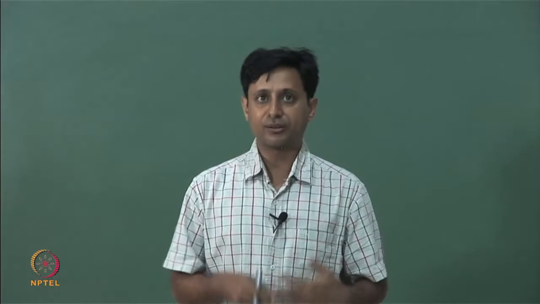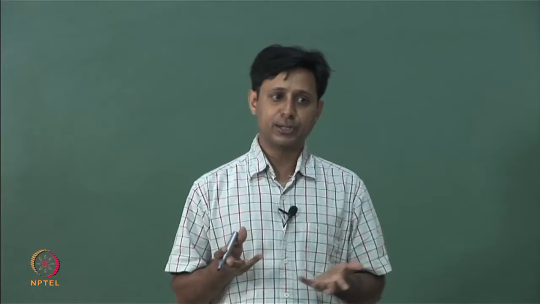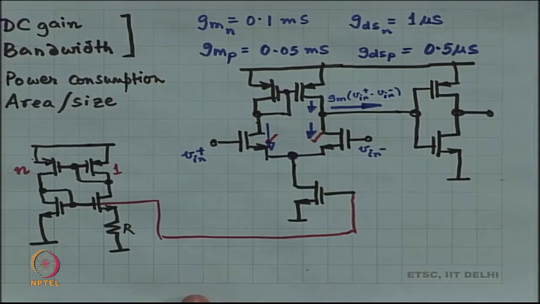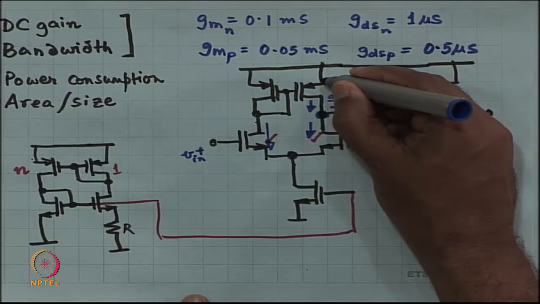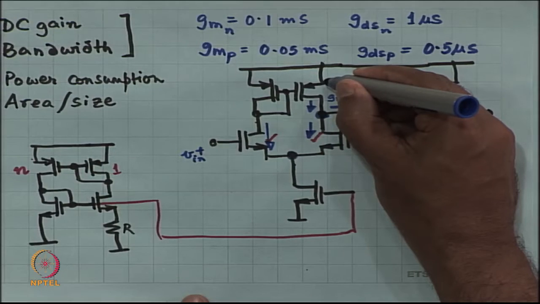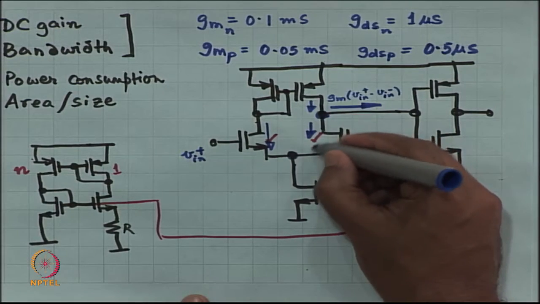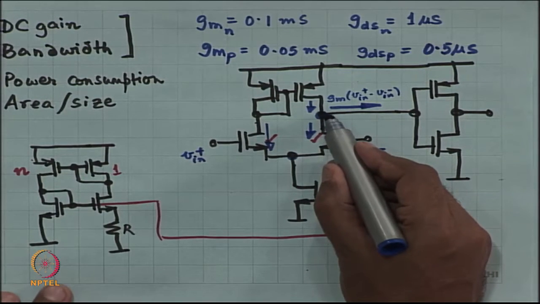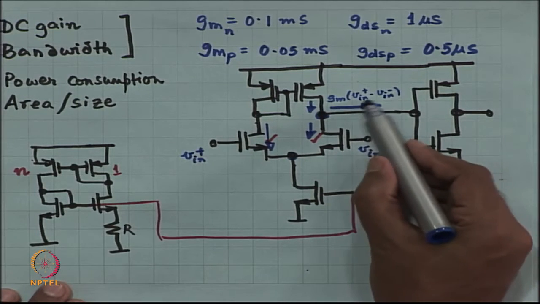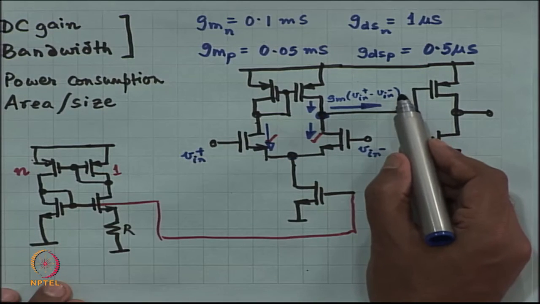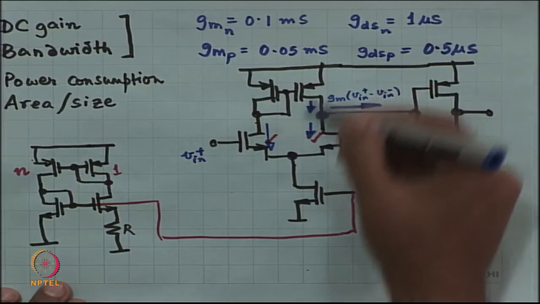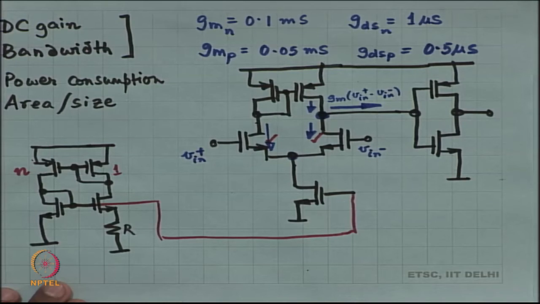How is the current going to get converted into voltage? It is going to get converted into voltage with the help of the output impedance at that particular node. So, at this node, the output impedance is the impedance of the PMOS in shunt with the impedance of the NMOS. So, effectively the voltage over here is going to be GM times V in plus minus V in minus times RDS of the PMOS in parallel with RDS of the NMOS.